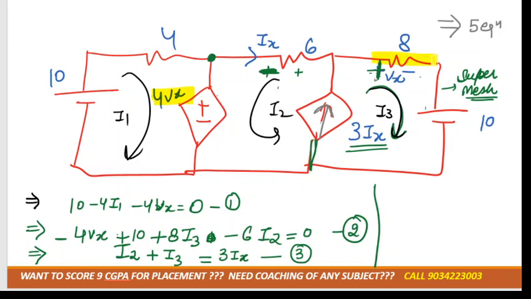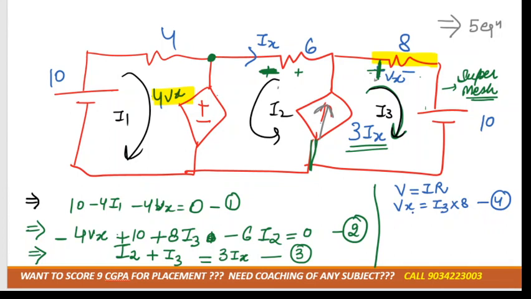We make the fourth equation from here, according to Ohm's law: V equals IR. V is Vx, I is I3, and resistance is 8. We got that as the fourth equation.